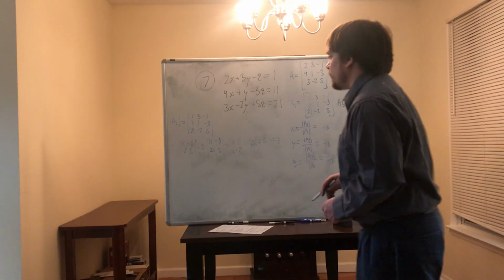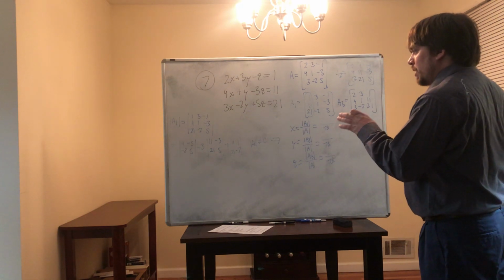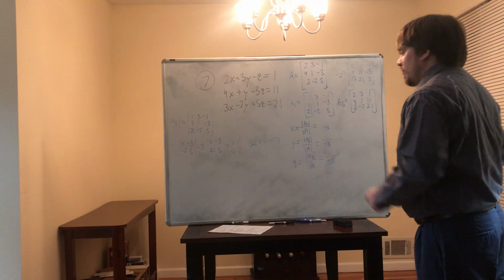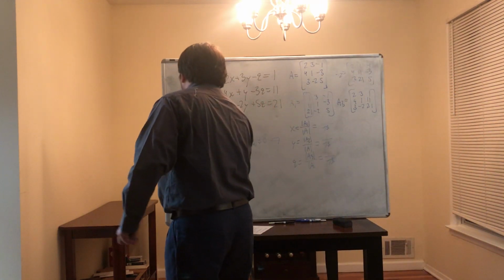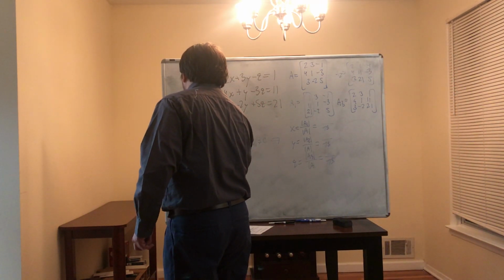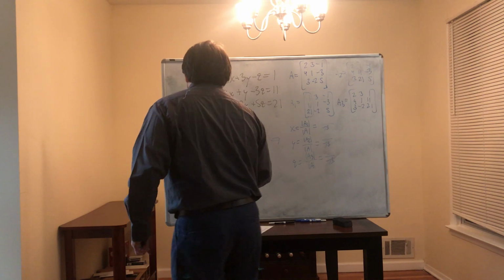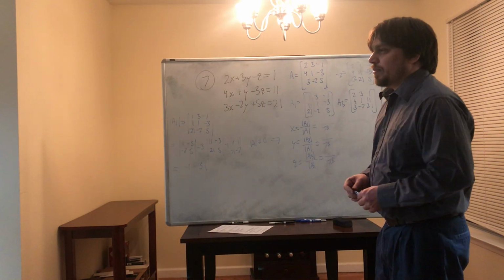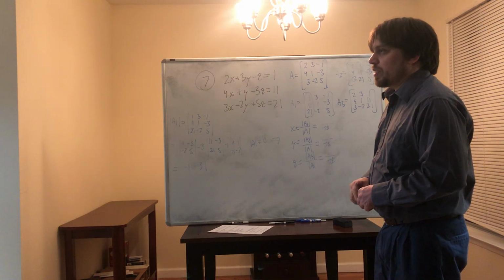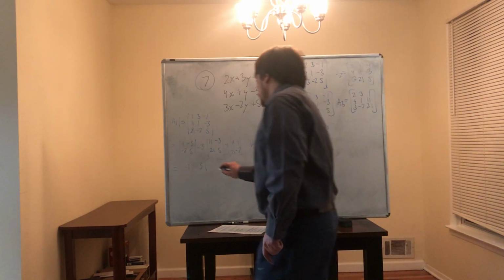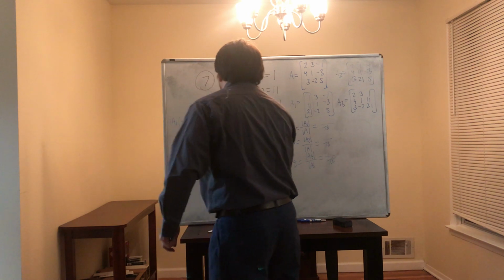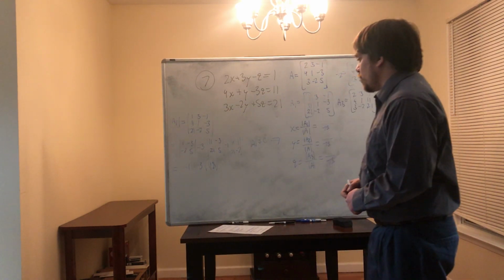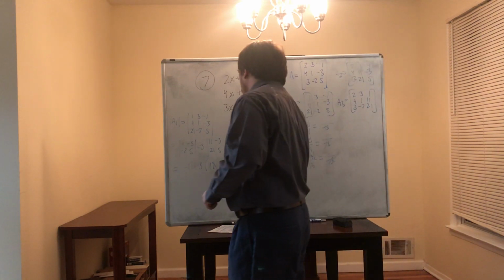Okay, and so calculating this, you get 5 minus 6, which is negative 1, minus 3 times 55 plus 63. 55 plus 63 is 118. Okay, and then you have negative 22 minus 21, which is negative 43 times negative 1 is plus 43.